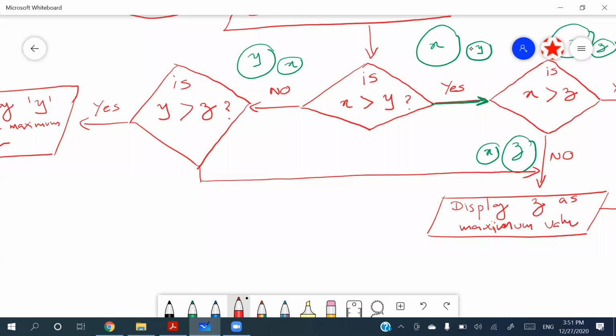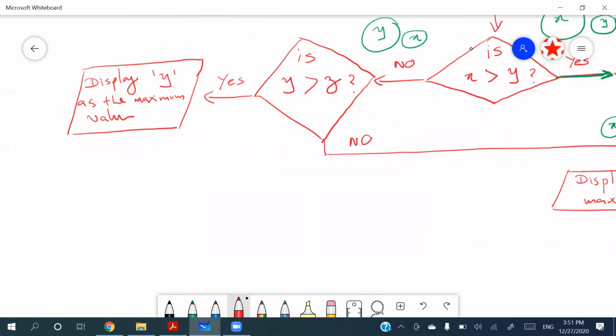This is the place where most of you have gone wrong. You have drawn two separate output boxes and duplicated display Z as the maximum value, right? If this is no, it means Y is less than Z, so Z is the greater one.